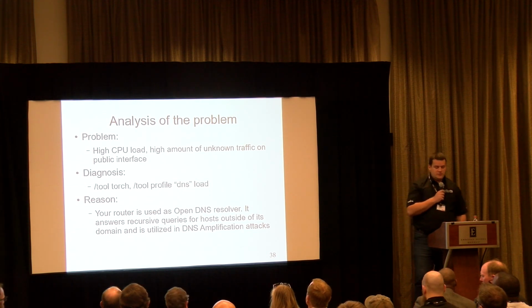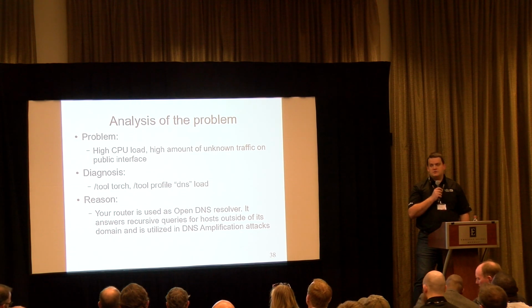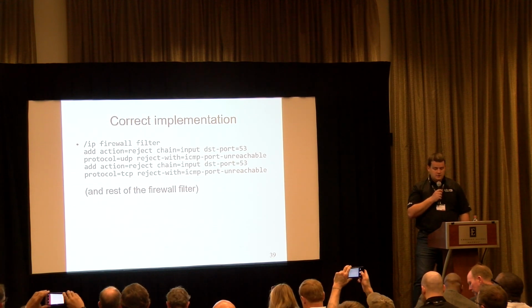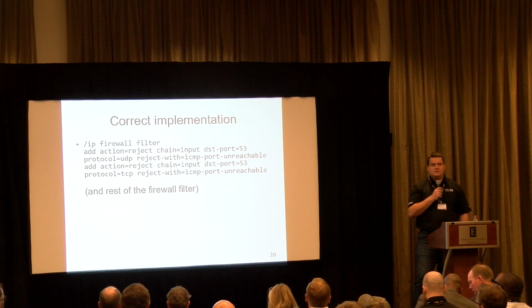Your router is probably used as an open DNS resolver. It answers recursive requests for hosts outside its domain, and it's utilized for DNS amplification attacks, just because you didn't have a firewall to protect your router as soon as you enabled DNS cache.